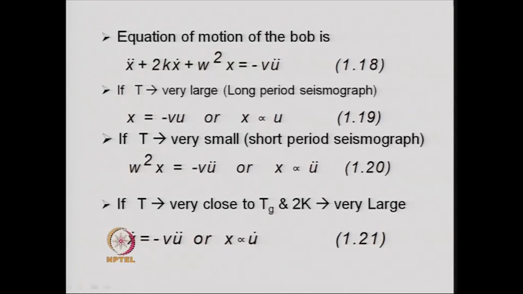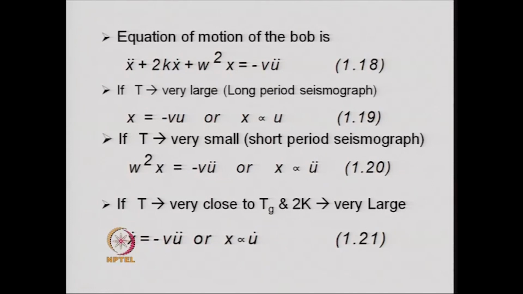So, this is the equation of the bob. This V is a multiplying factor, U double dot is the ground acceleration, X is the relative displacement that is measured on the chart paper.